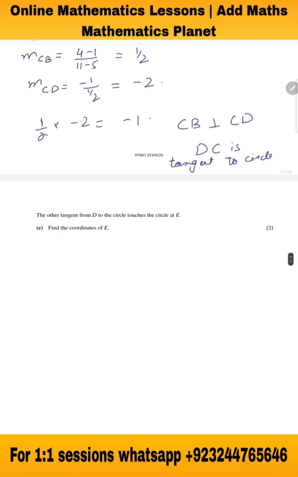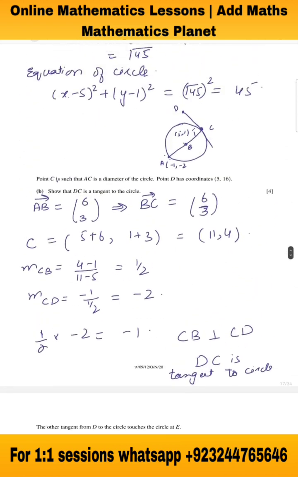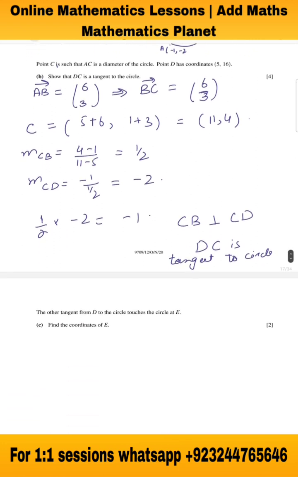The other tangent from D to the circle touches the circle at E. So there is another tangent from D, and it touches the circle at E. Find the coordinates of E. So BC is 6, 3.